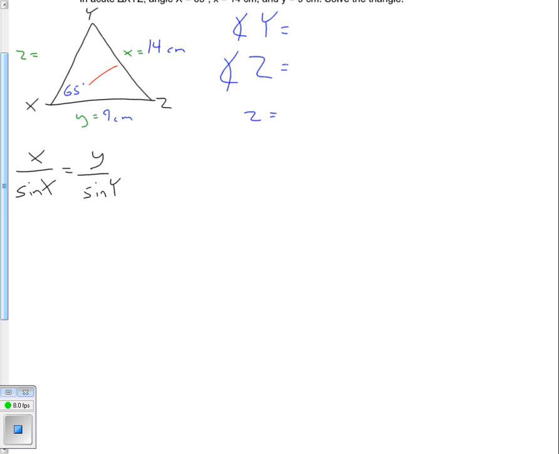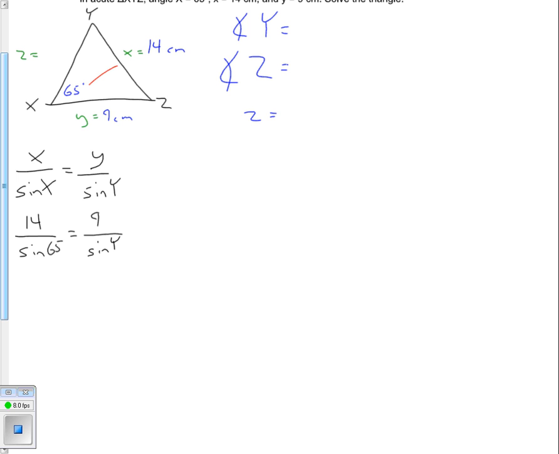So I'm going to substitute in the values that I know. So I know that x is 14. I know that the angle x is 65. I know that the length of y is 9 centimeters, but I don't know what the angle for y is. So I'm just going to leave that as sine y, and that's what I'm going to try and figure out.